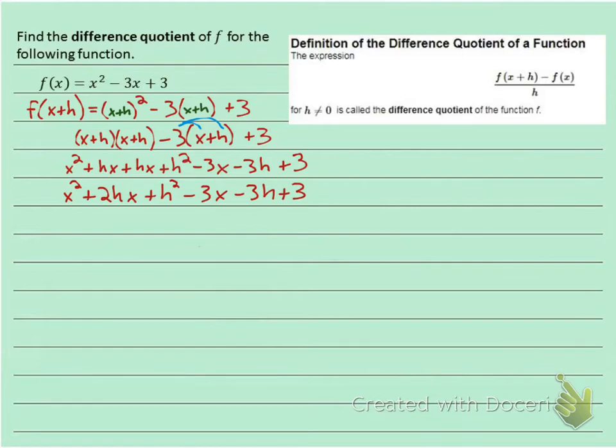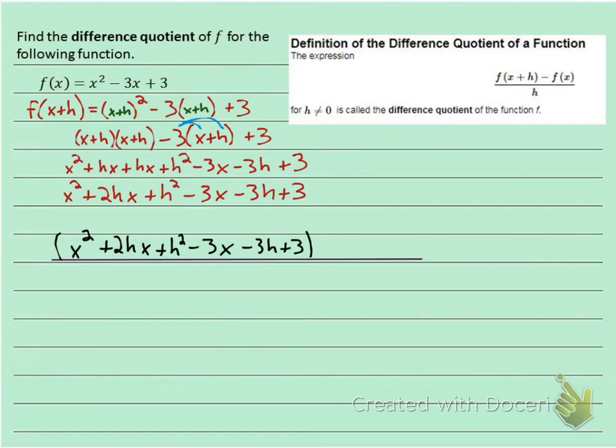Now, let's take this difference quotient and let's plug in the 3 parts that we know. Okay, so first, the f of x plus h goes in the front, and that's going to be right here. x squared plus 2hx plus h squared minus 3x minus 3h plus 3.